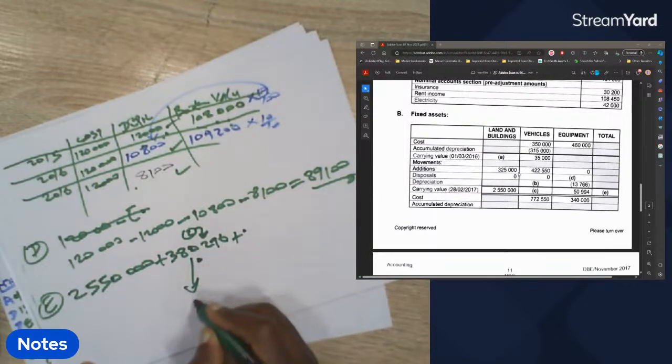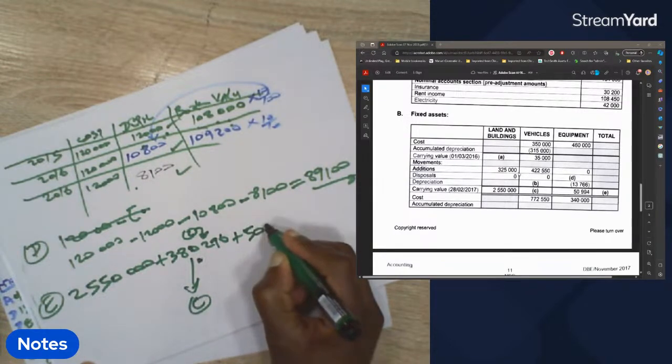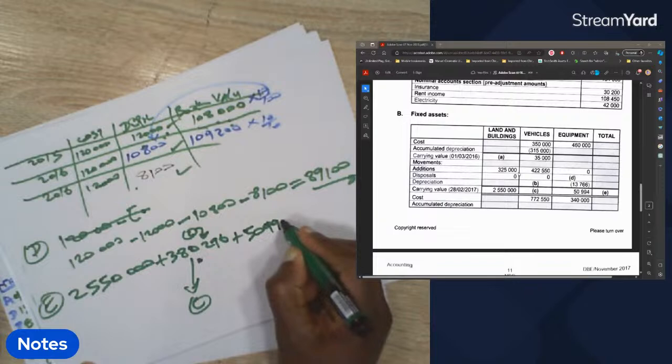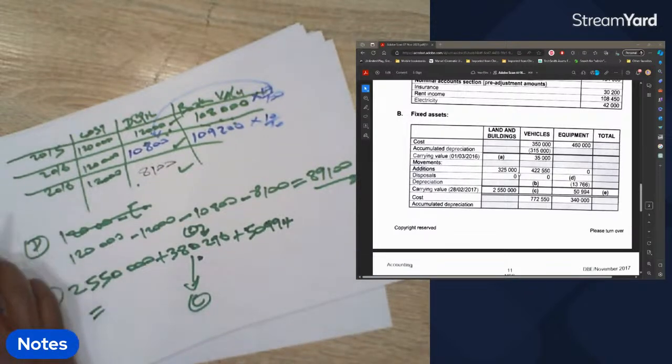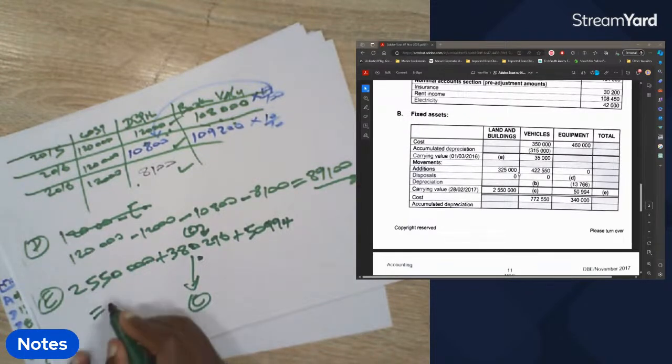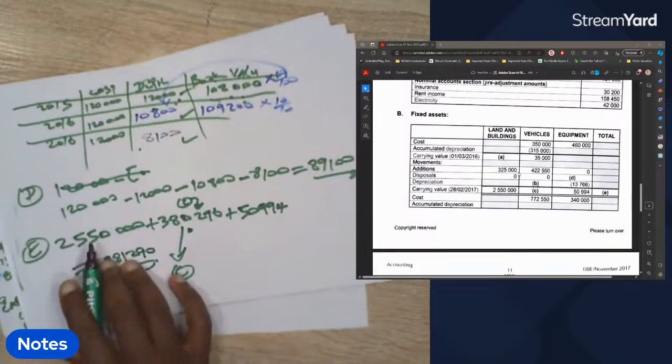This is our C, plus 50,994, right? We get our answer there. Okay, let's calculate our answer quickly. We get our answer as 2,981,290. So that's the answer.